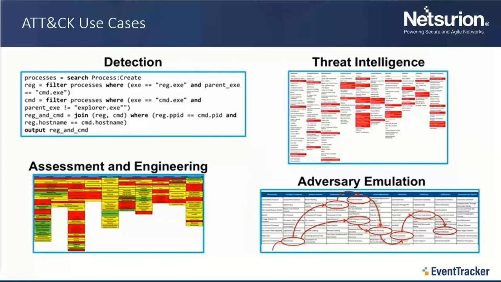Take this for any vertical: banking, small food or QSR restaurants, or so forth. Adversary emulation really helps us get to the heart of how actors behave when they're targeting specific endpoints.